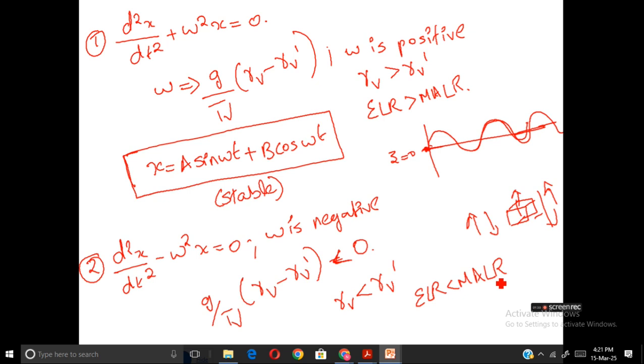So the rate at which the temperature decreases in the environment is less than the rate at which the temperature decreases for the parcel. So in this case, if we take a particular point, the environment temperature will be higher compared to that of the parcel, because the parcel is reducing its temperature faster than the environment.